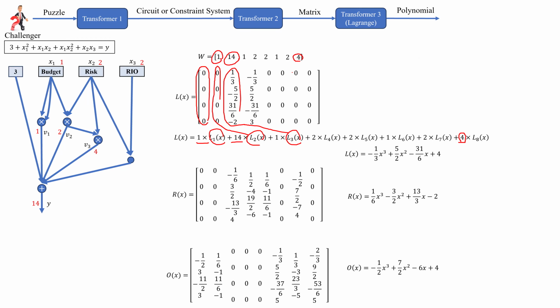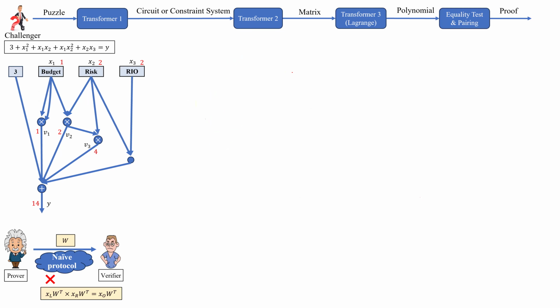That's it. We convert the puzzle into a circuit, then the circuit into a matrix, and then the matrix into polynomials. Now, the prover wants to prove something on polynomials instead of matrices.